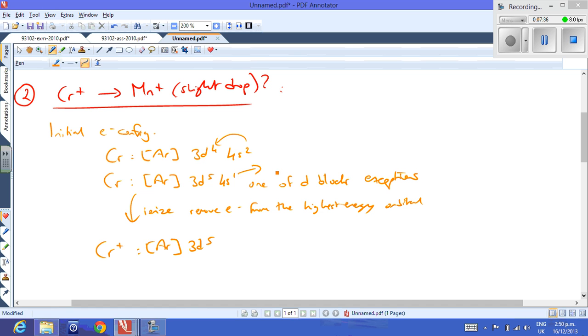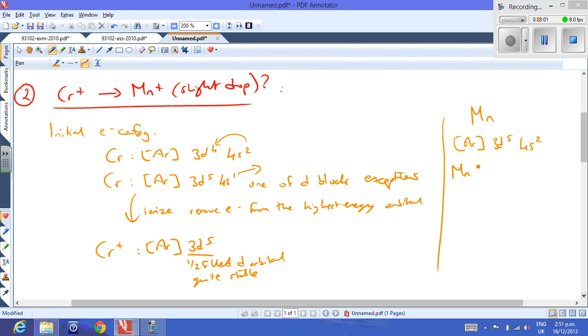So you're comparing a situation where you have a half-filled d orbital, which is relatively stable, to the situation for manganese. Elemental manganese would have been everything as far as argon, 3d5 4s2, and when you ionize manganese, you get everything as far as argon, 3d5 4s1.